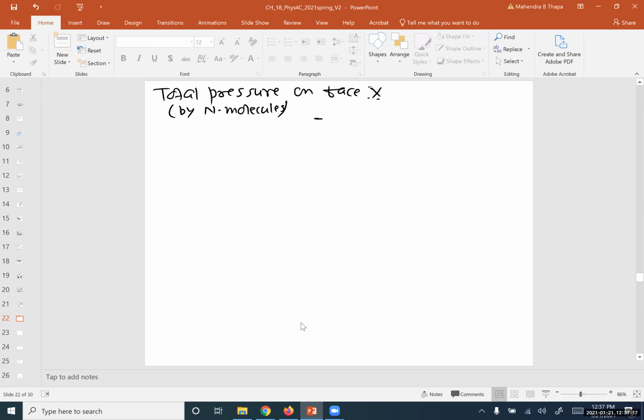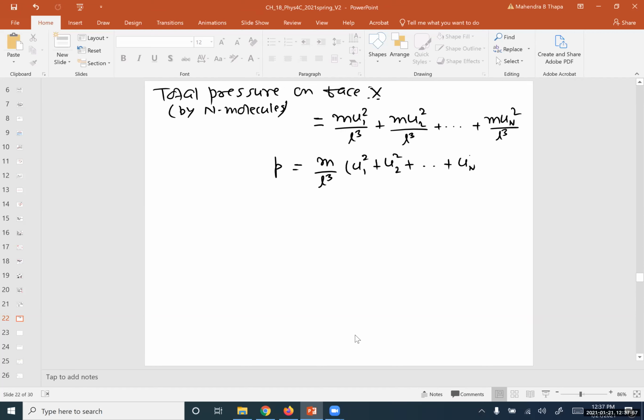If you have just one molecule, the pressure is mu1 squared over L cubed. If you have a second molecule, it will be mu2 squared over L cubed. You have to keep going like this and add all the pressures, up to mun squared over L cubed. So we can write the total pressure P equals m over L cubed times u1 squared plus u2 squared and so on up to un squared.